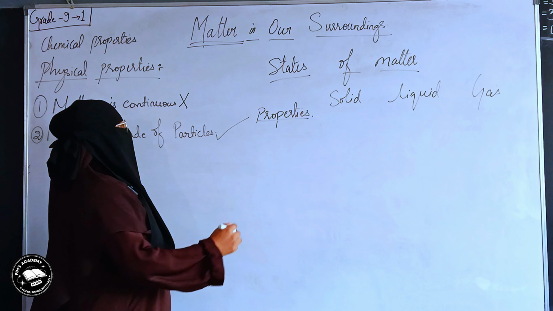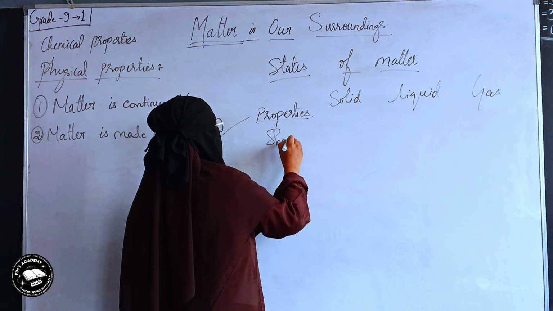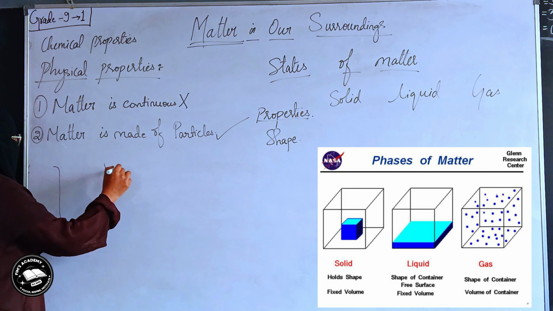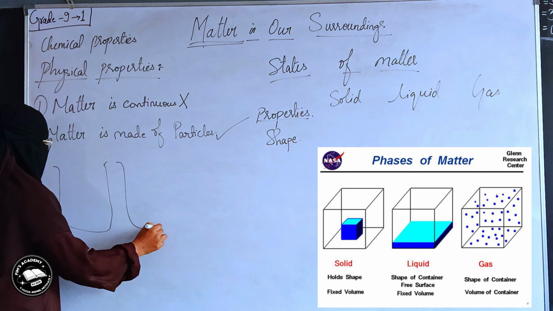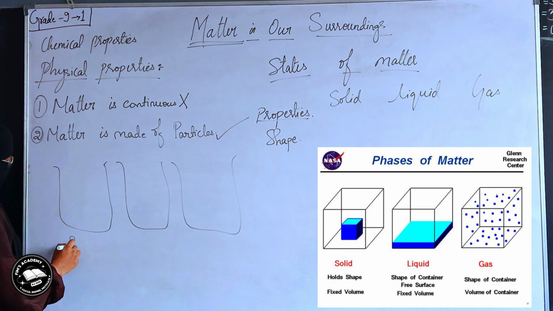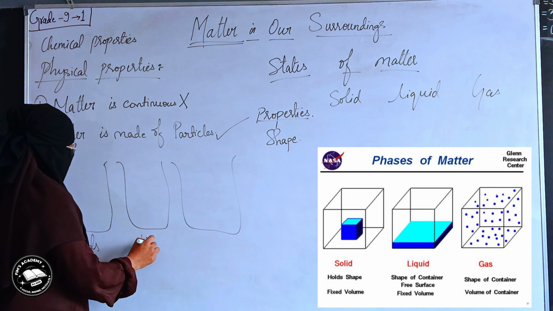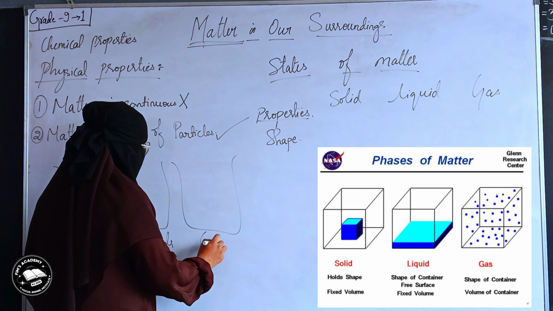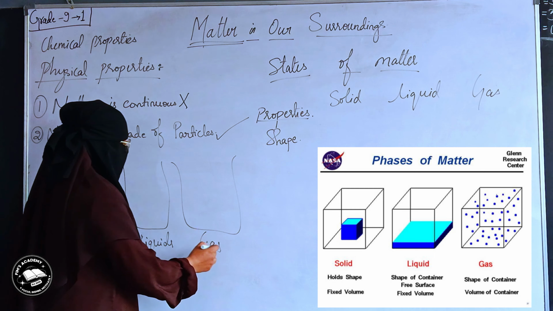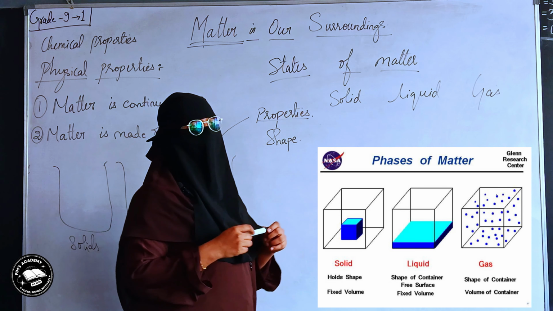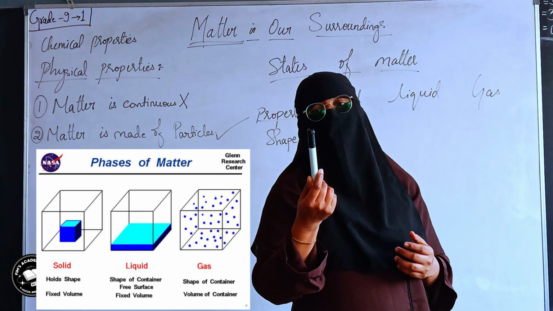If I talk about the first property, it is the shape. Now let us try understanding them through these particular diagrams. Think that this is a container which is full of solid, this is a container which is full of liquids, and the last one is full of gases. Now if I talk about the shape of any solid, let's take the example of this marker.